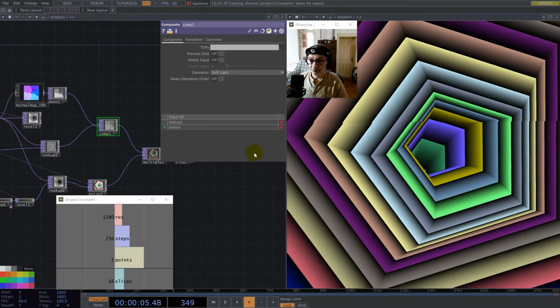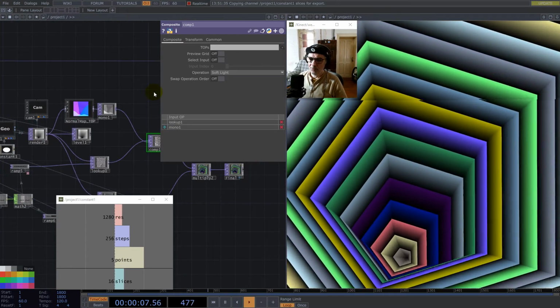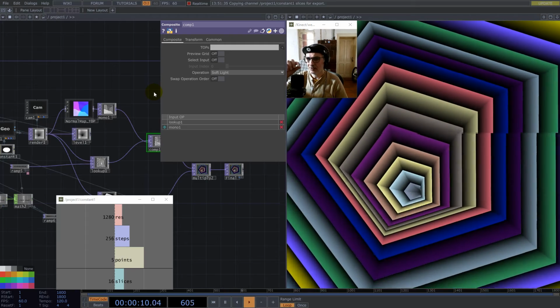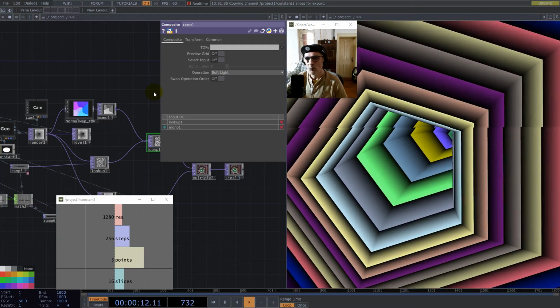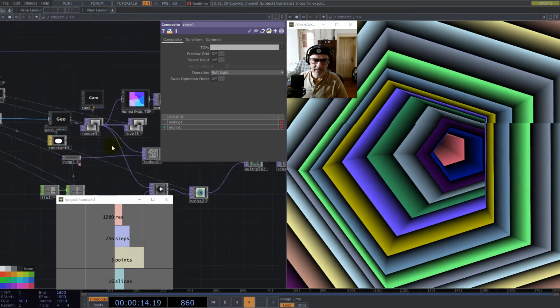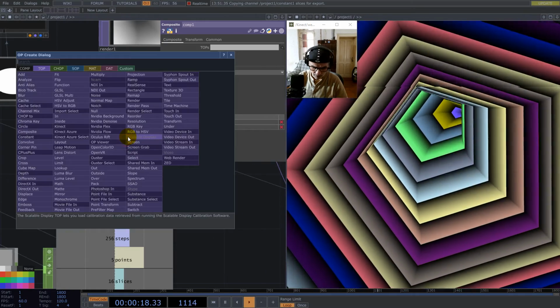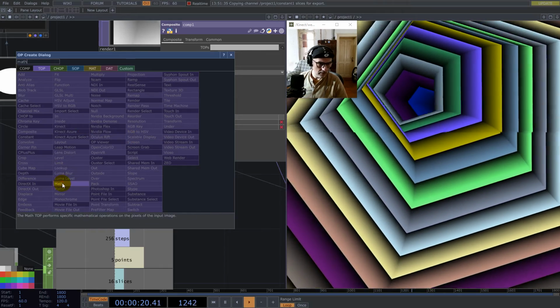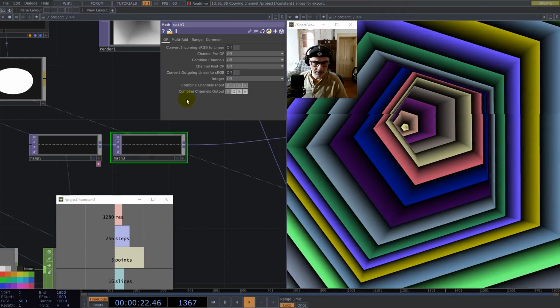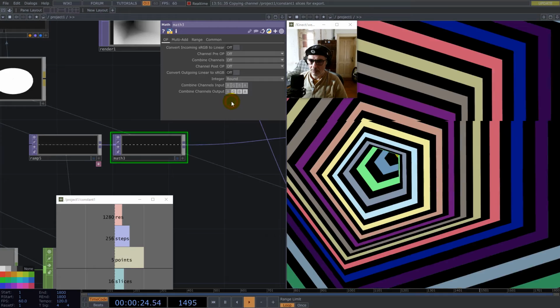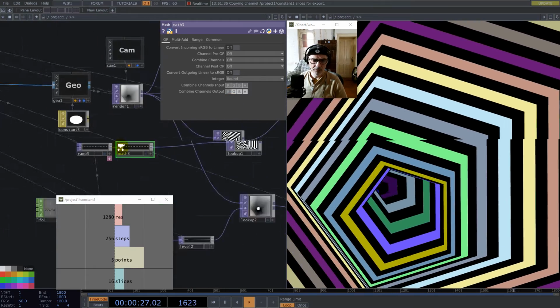Okay, and if you want to have just straight lines, black and colors, and not that rampy texture, you can go here, use the matte, and just go with round, and you have this.